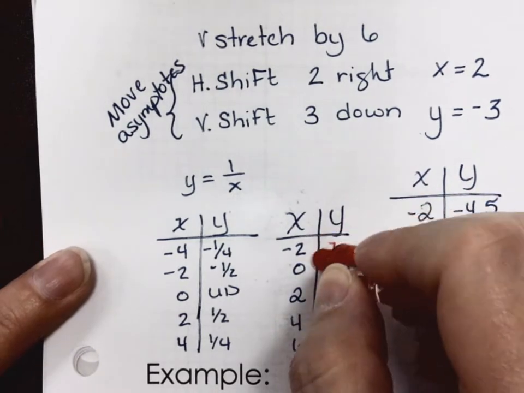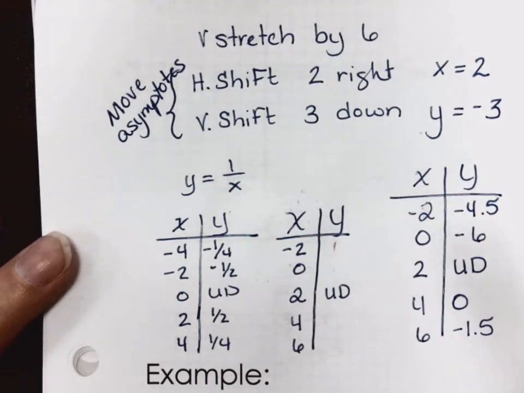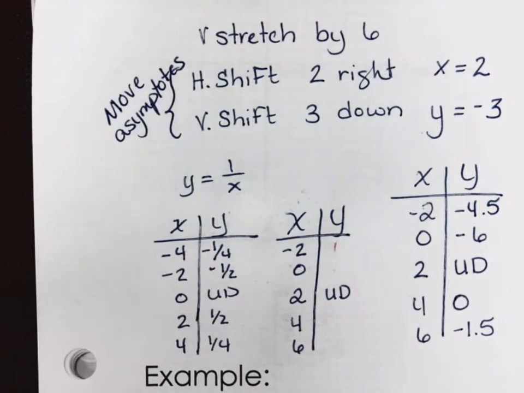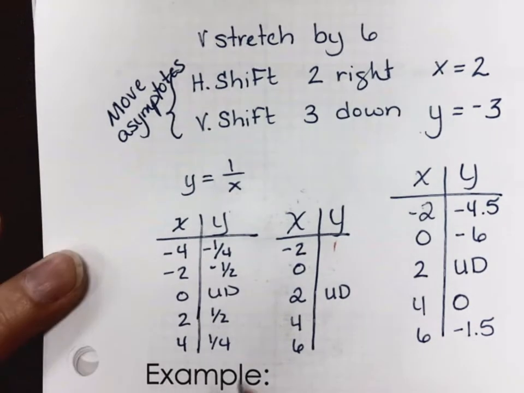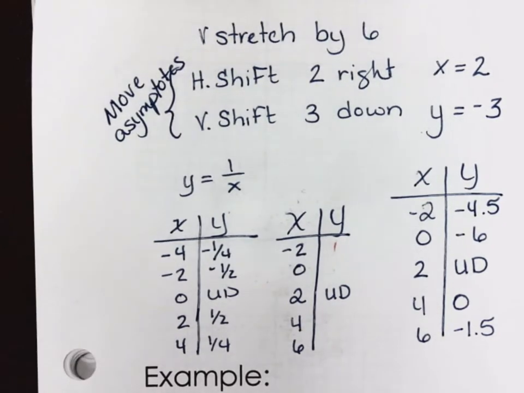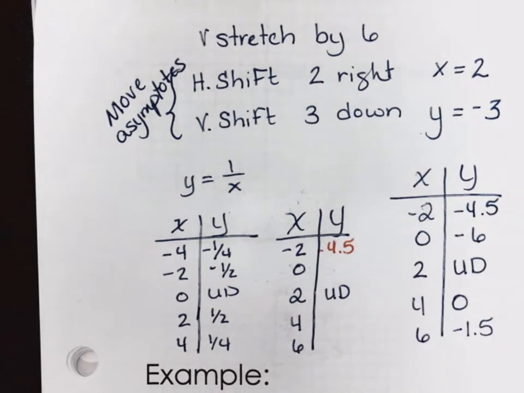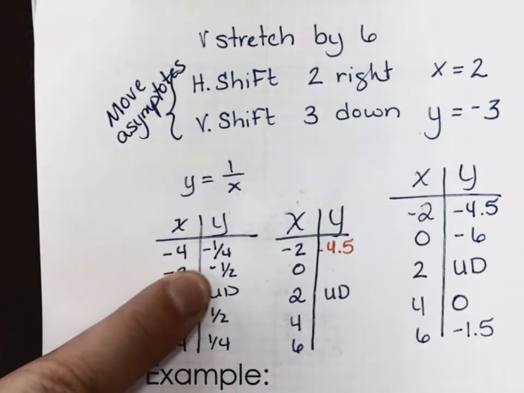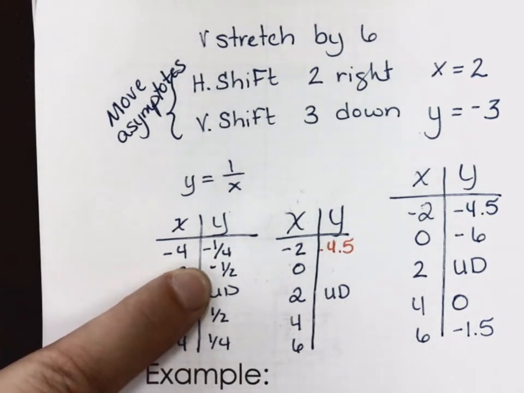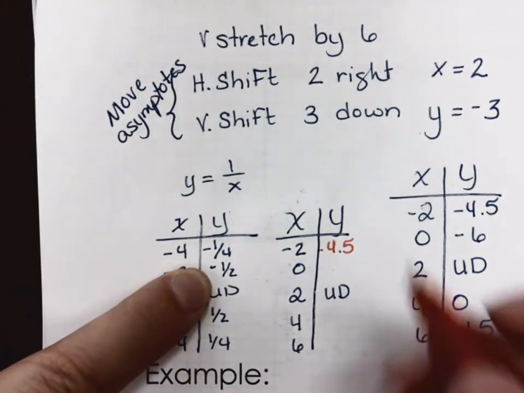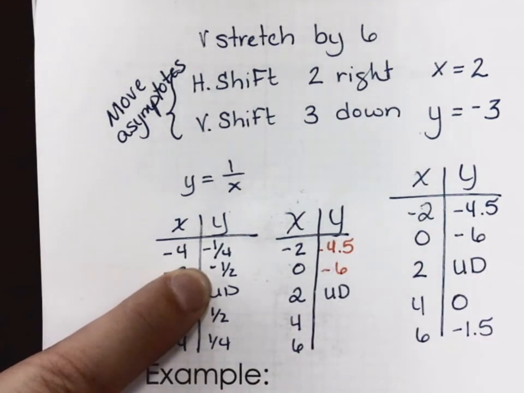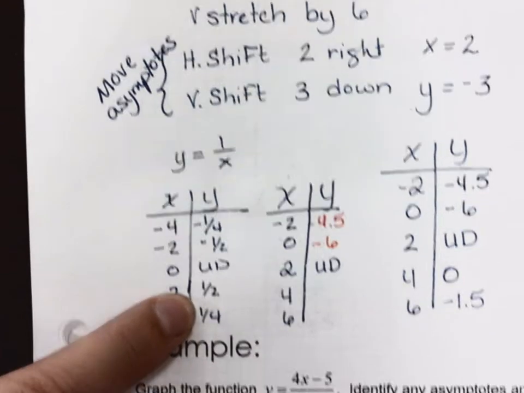No, it wouldn't be, because it would be negative 4.5. So negative 1/4 times 6 minus 3. So this would be negative 4.5. Negative 1/2 times 6 is negative 3. Negative 3 minus 3 is? And we're not getting our calculator for this?